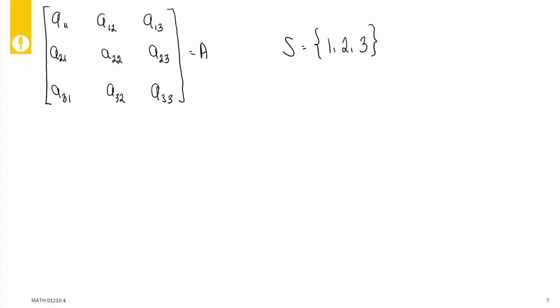How many permutations are we going to have? 6 of them. First one's easy, 1, 2, 3.